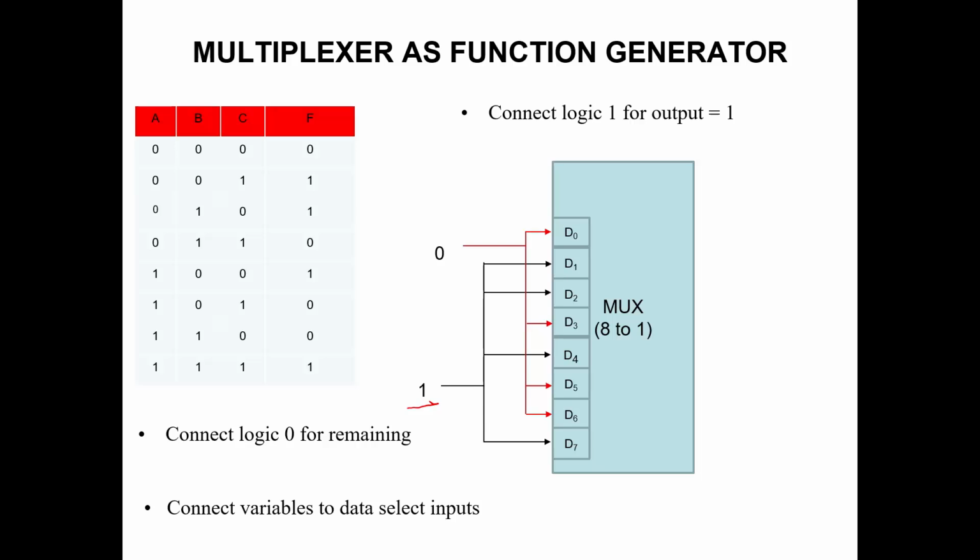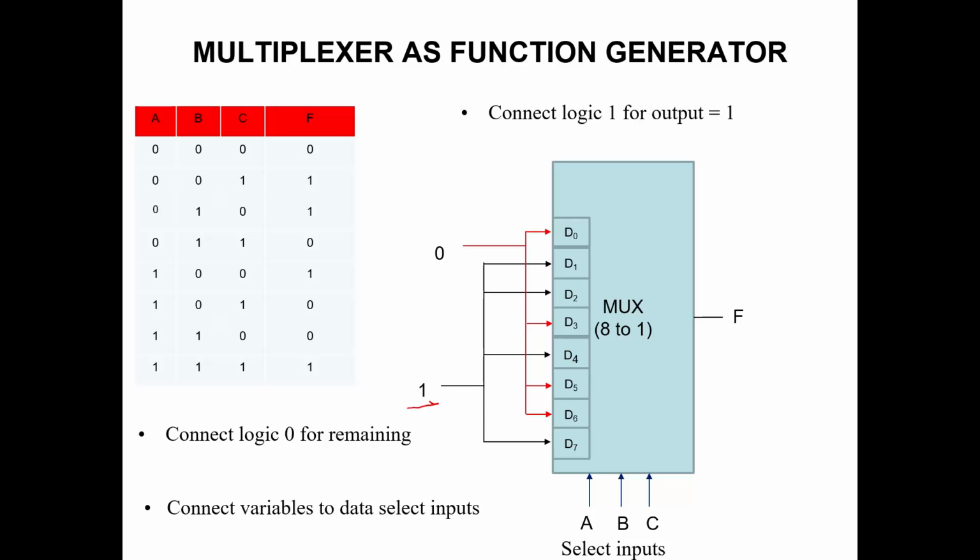The input variables A, B and C are connected as the select input lines, and we have the output F. In this way, the function A exclusive or B exclusive or C is implemented.